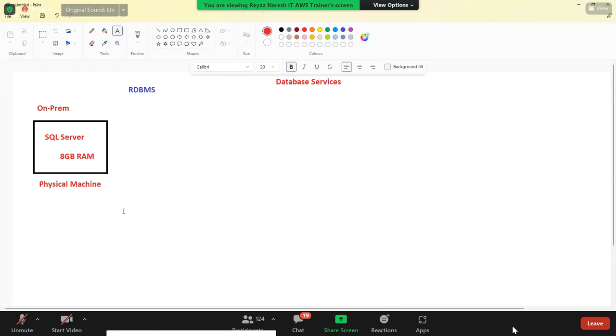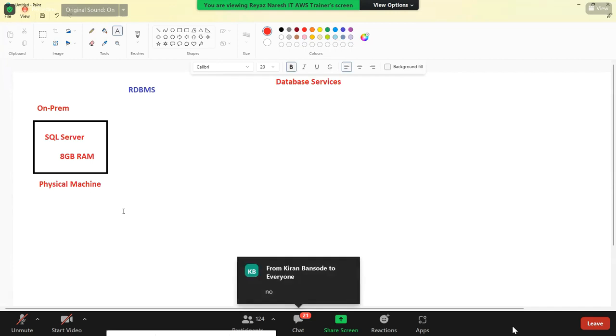So guys, can you tell me, is handling the database server easy? Those who are working, or not working also, they know that handling database servers is like handling fire coal.